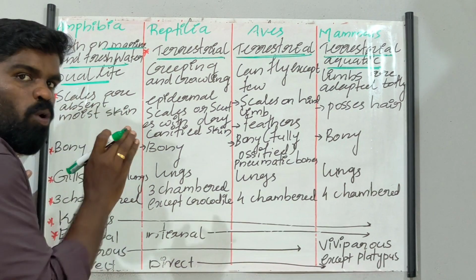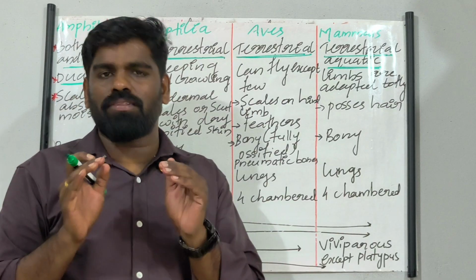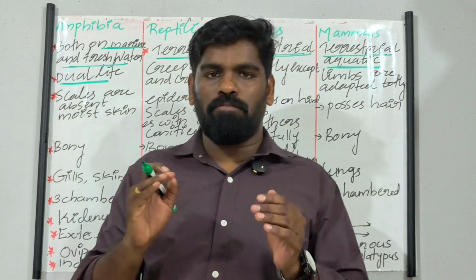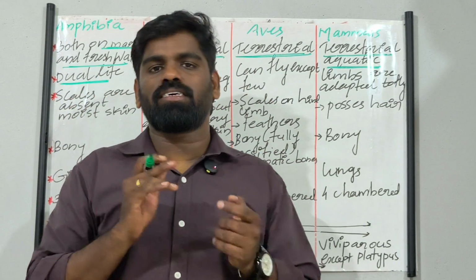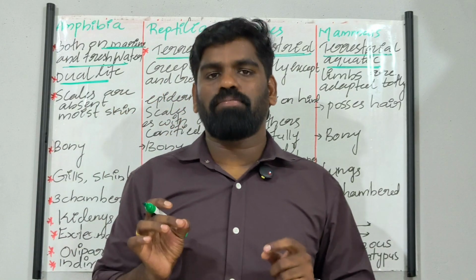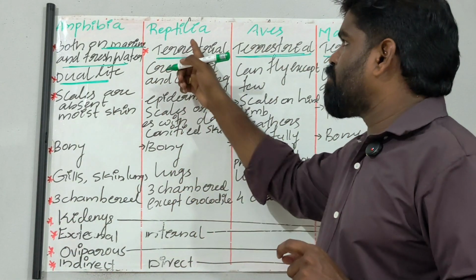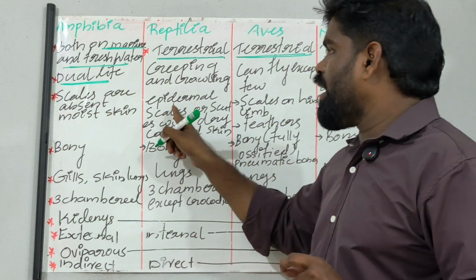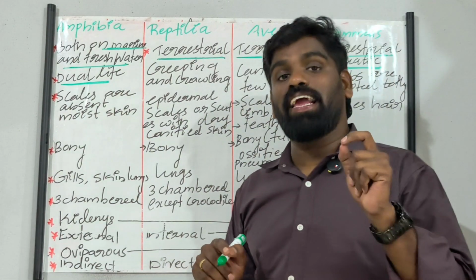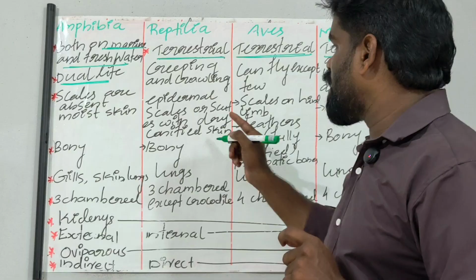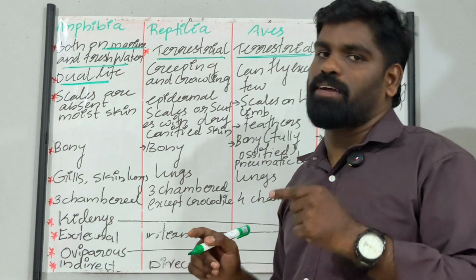Now they have a moist skin. When we observe the frog, in case of Amphibia, they have a moist skin. So scales are absent, moist skin. Okay, now in case of Reptilia, they have epidermal scales. Scales are present, and we can say that scales or scutes are present.